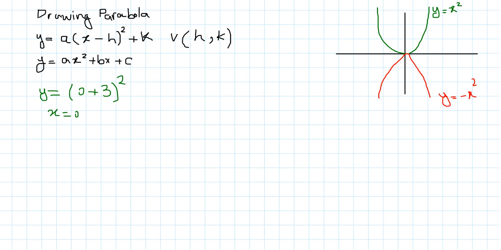Y was 9. 9 was correct. The intersection with the y-axis is at 9. Let's go to the new example.